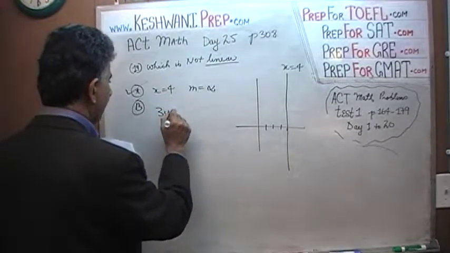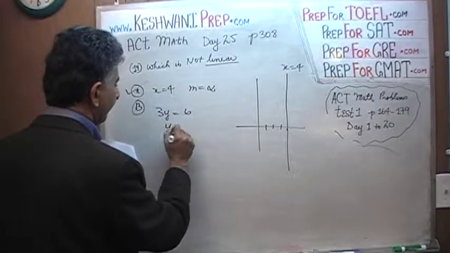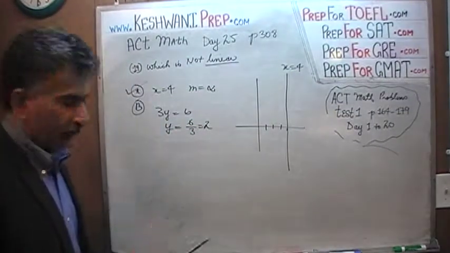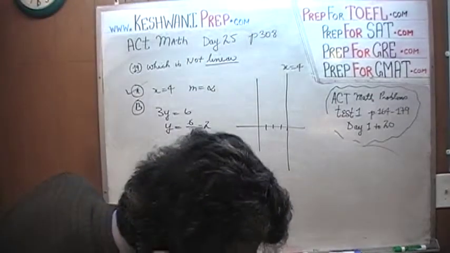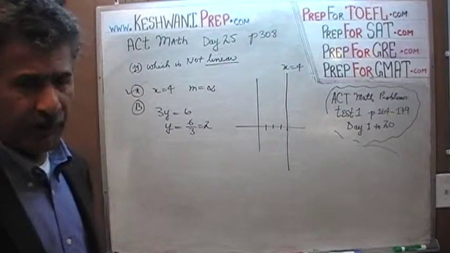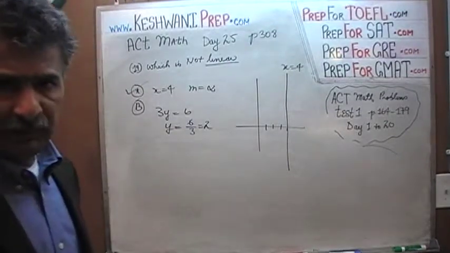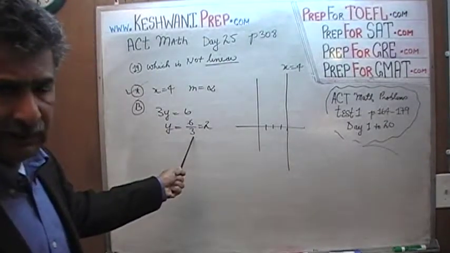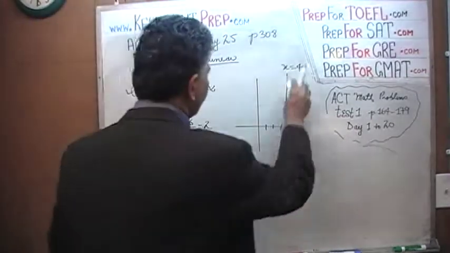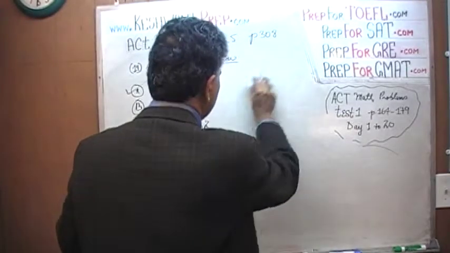Second one says 3y equals 6. If 3y equals 6, then y equals 6 over 3, which is 2. Of course in the real exam we don't actually have to plot everything out, we're just doing it here for learning purposes. Y equals 2.